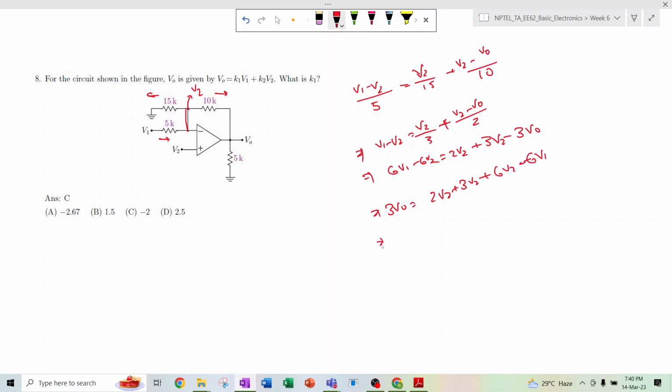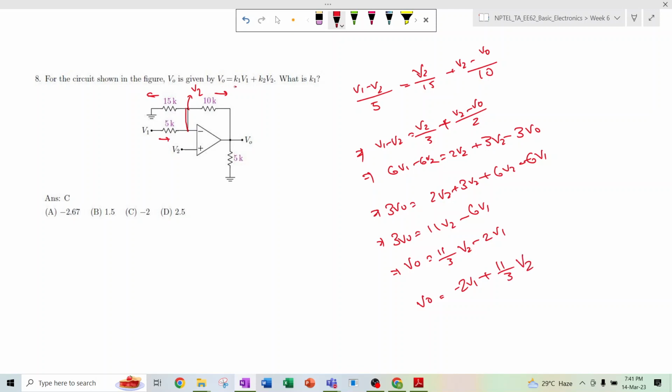That means 3VO is equal to 2 plus 3 is 5, plus 6 is 11, so 11V2 minus 6V1. So V0 is equal to 11 by 3 V2 minus 6 by 3 V1, means 2V1. So VO is nothing but minus 2V1 plus 11 by 3 V2.